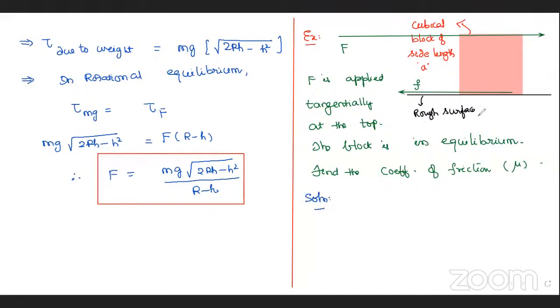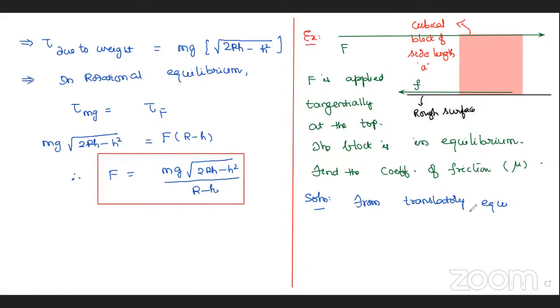If it is about to slide, then friction opposes. Since it is in equilibrium, I think he took the translatory equilibrium also. So I'm taking from translatory equilibrium. Yes, F is equal to mg by 2.